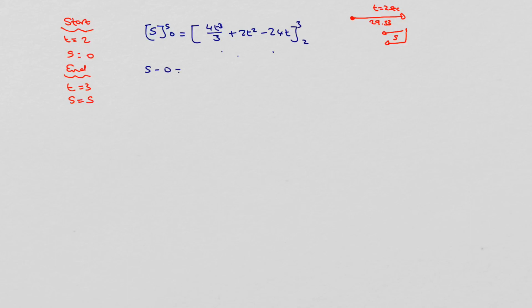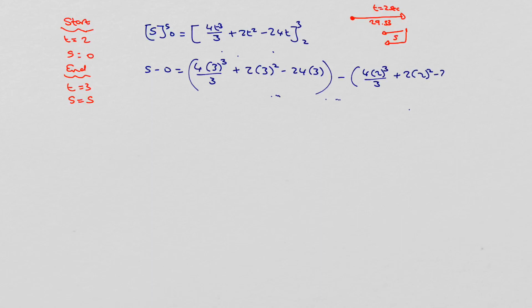So I'll have s minus 0 is equal to 4 times 3 cubed over 3 plus 2 times 3 squared minus 24 times 3. And if I subtract the difference, then it's 4 times 2 cubed over 3 plus 2 times 2 squared minus 24 times 2. And therefore that gives me s is equal to 11.33 meters.